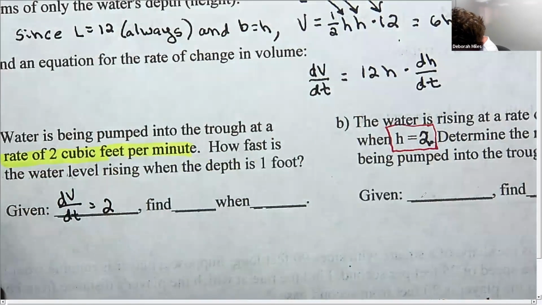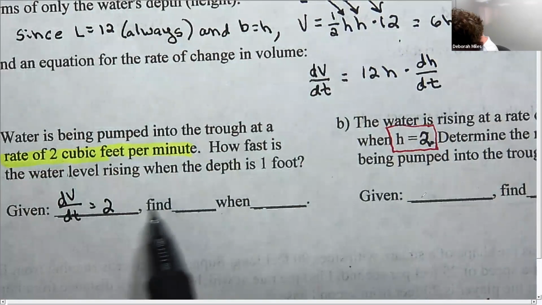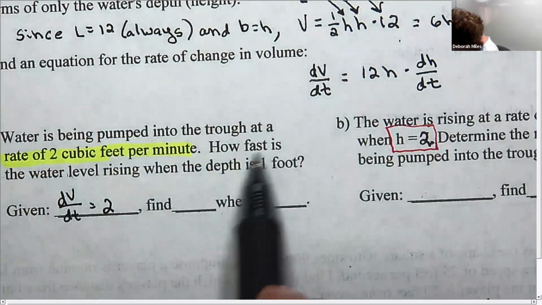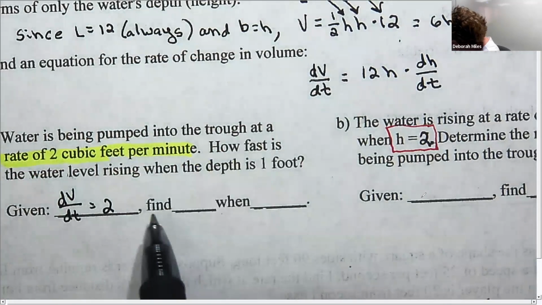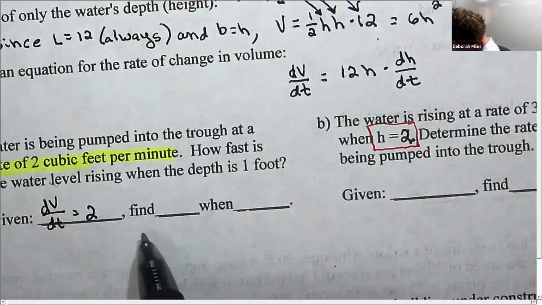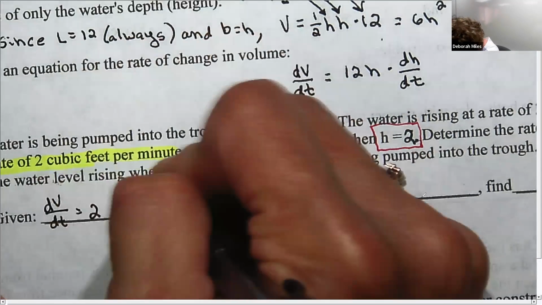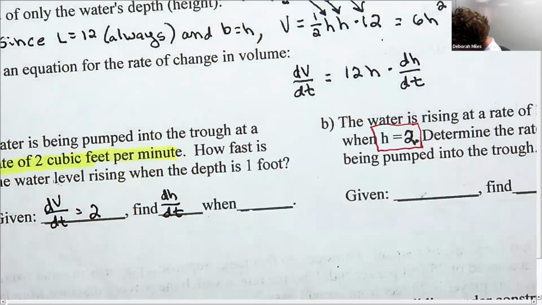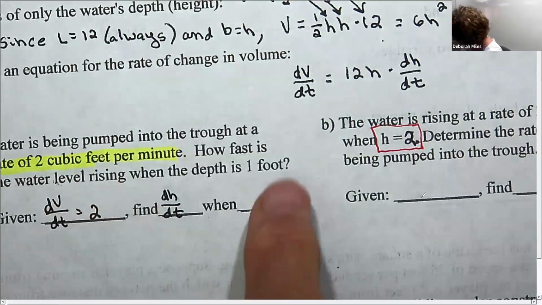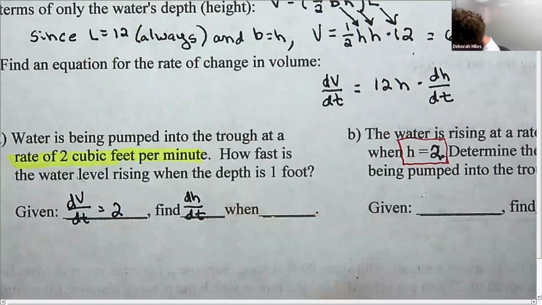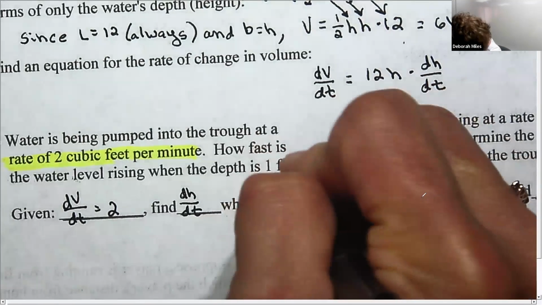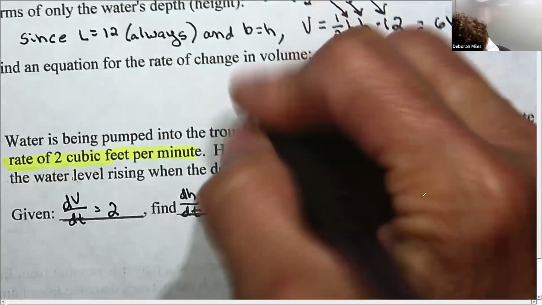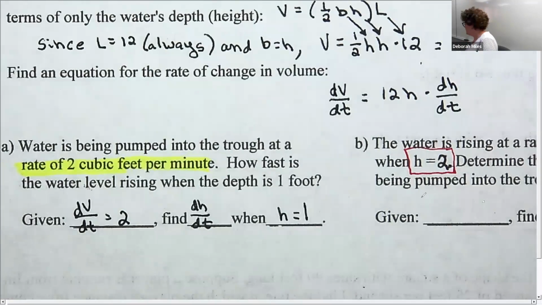How fast is the water level rising? Again, that's a rate because it says how fast. That means what symbol we'll use for what we're looking for. That's dH over dt. And we have to be given some specific height or depth of the water. We're asked to find the rate of change in height when the height is 1.